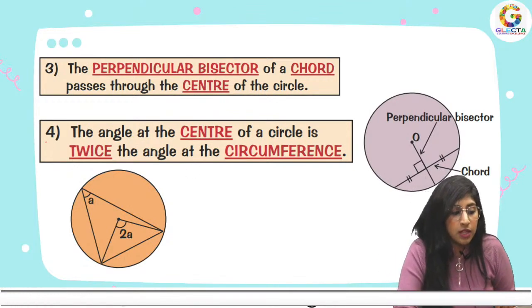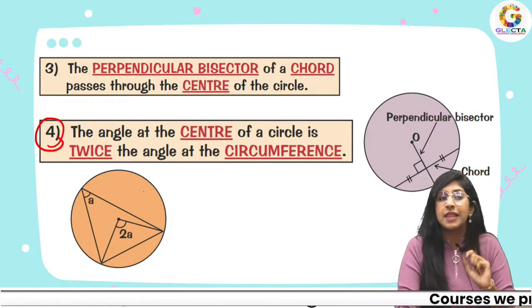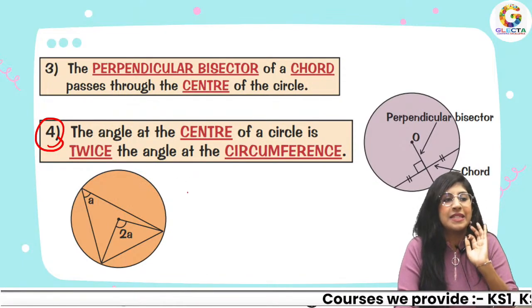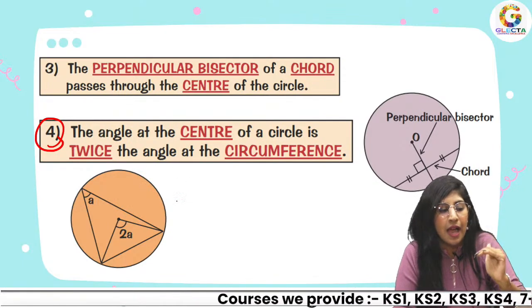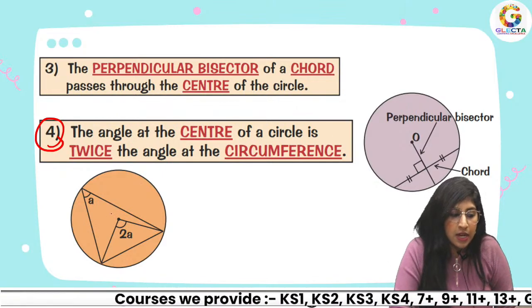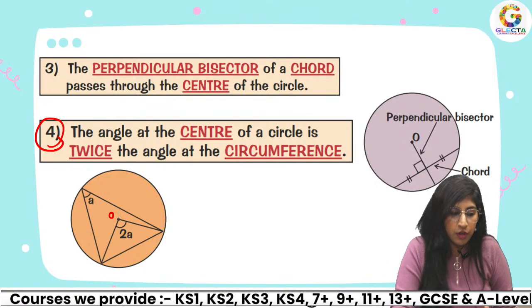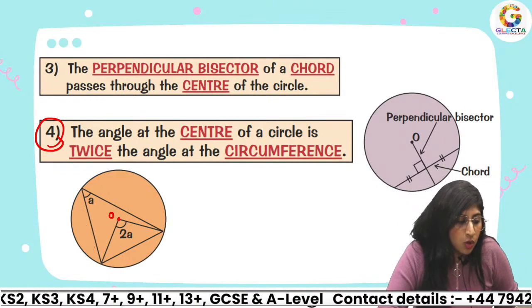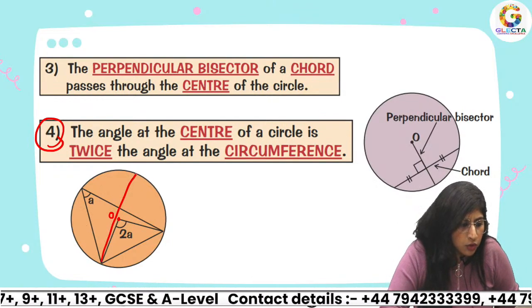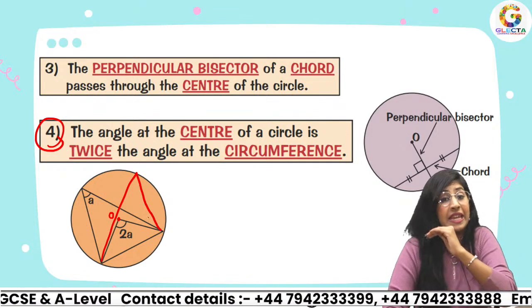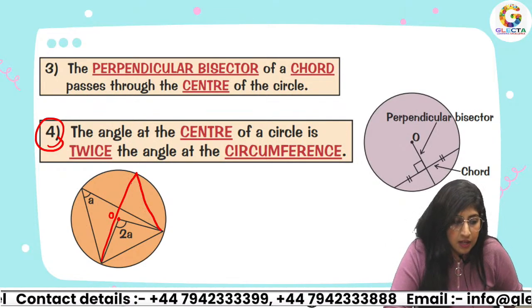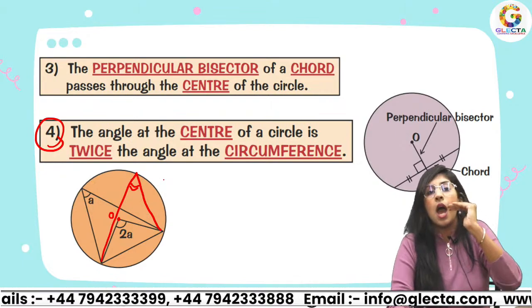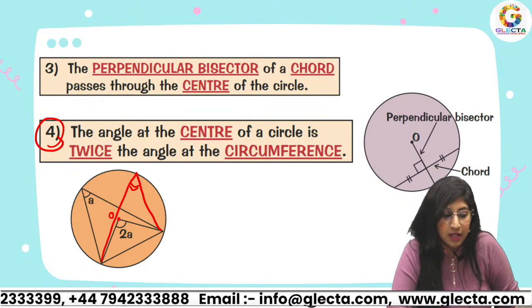Then the number 4 over here, that is: angle at the center is twice the angle at the circumference. Now the angle at the center that is made over here, if in the center I'm making an angle of 80 degrees, and I go to any other point on the circumference, that would always be half of whatever angle is made at the center.